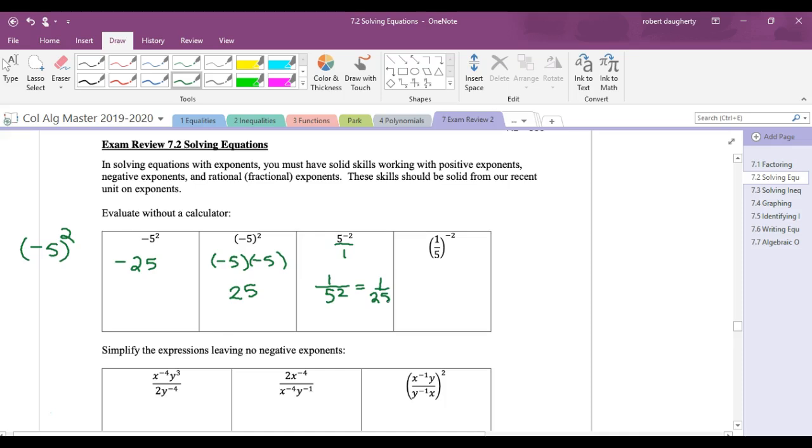This is 1/5 to the negative 2 power. So if I look at this, this is 1 to the negative 2 over 5 to the negative 2. These negative exponents become positive if they move to a different location. So if the 5 moves to the top, it's a positive. The 1 moves to the bottom, it's a positive exponent. This is 25.